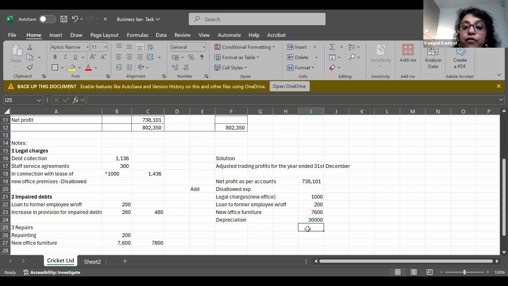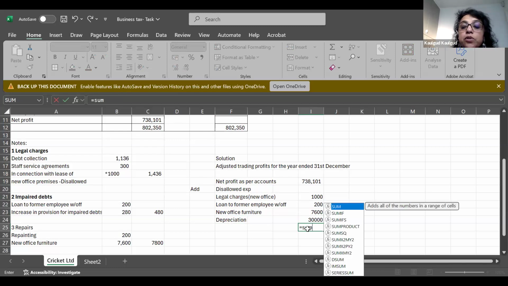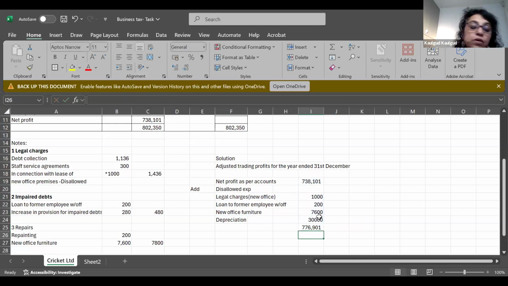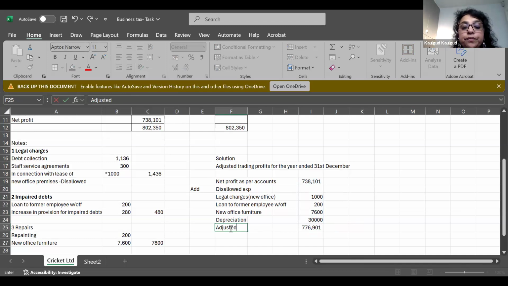So my adjusted trading profit is going to equal, I'm just going to add all of this. So the answer is 776,901. This is going to be my adjusted trading profit.